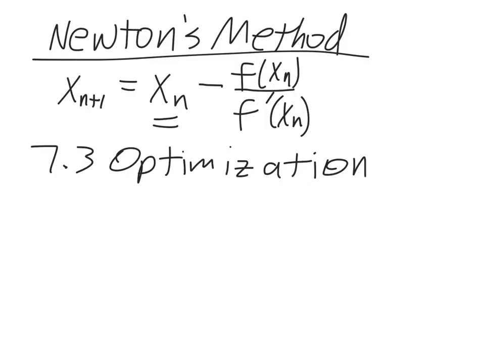Maybe it's trying to maximize the area of some rectangle. Well, area of a rectangle is length times width, or a lot of times we use x times y. And then the other situation, if we're trying to fence in this rectangle, we know how much fence we have, so we have 2x plus 2y equals 100, if it's 100 feet of fence.